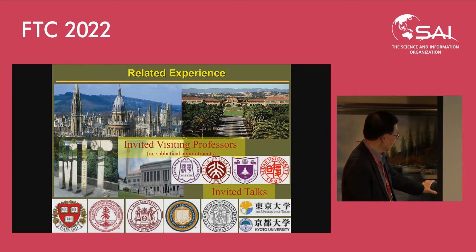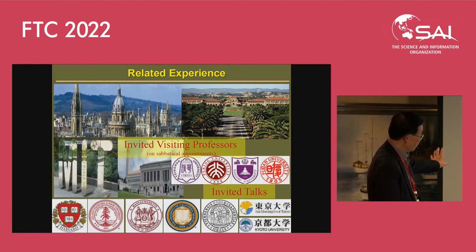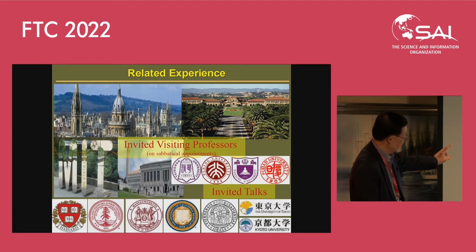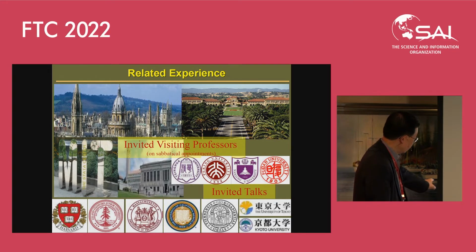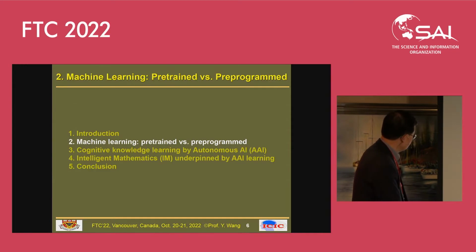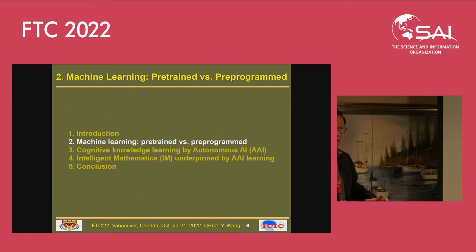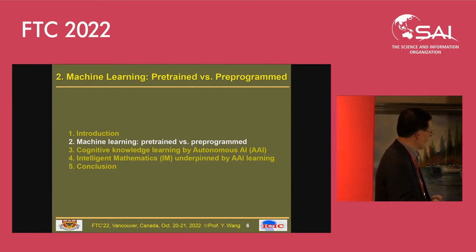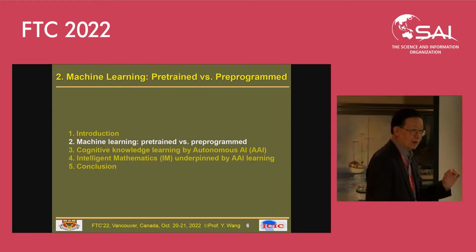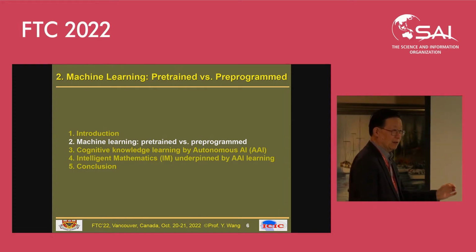I'm working at the University of Calgary, but I was a visiting professor on sabbatical at a couple of top 10 universities, and also gave talks in several of these universities. That involved me in transdisciplinary research that does not only look at the current practice of AI.